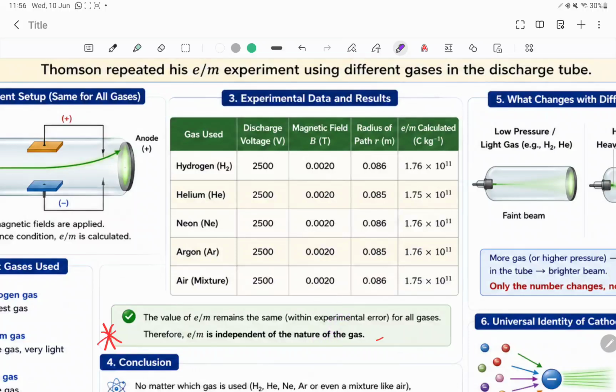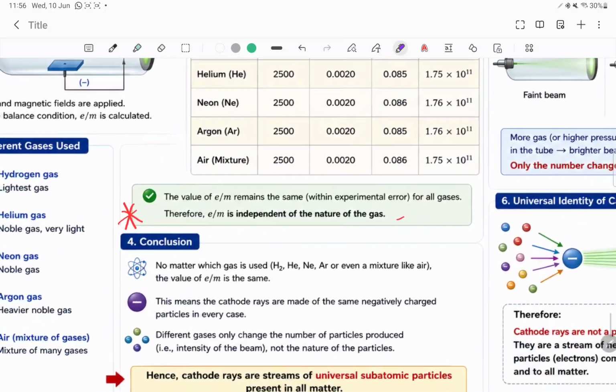This is very important because later we will compare the e/m ratio of protons and electrons, right? The electron is a fundamental particle, common in all the atoms of the gases. Whatever gas is ionizing in the discharge tube, they release the same electrons. Since they all are electrons, their behavior in the discharge tube is the same, and their charges are also the same. That is the conclusion.